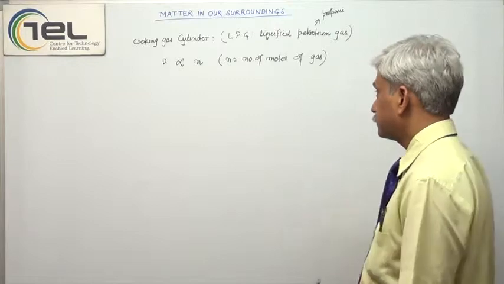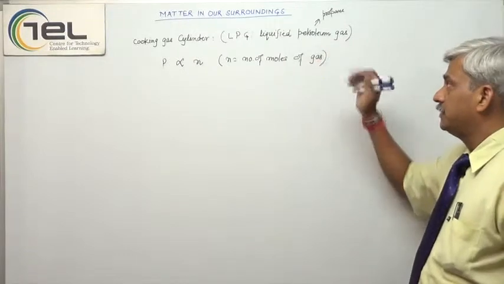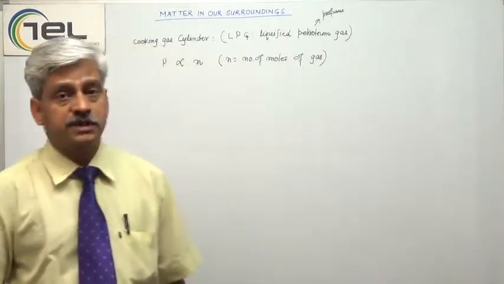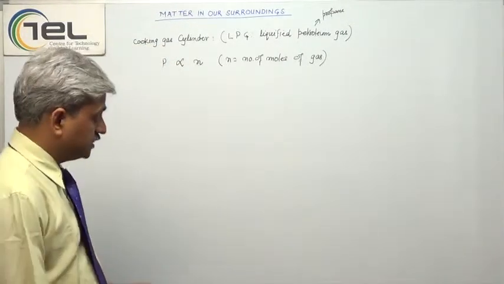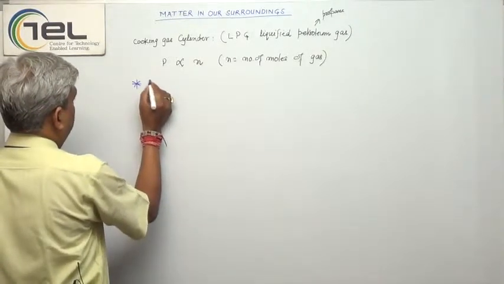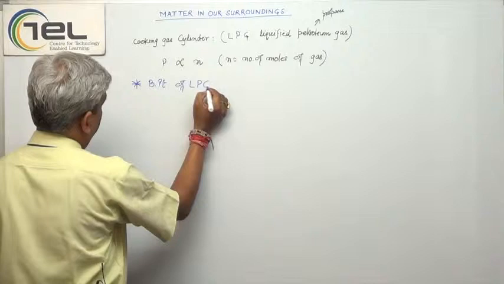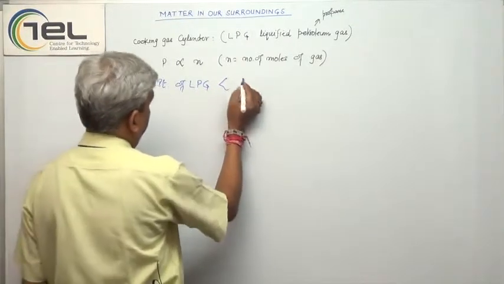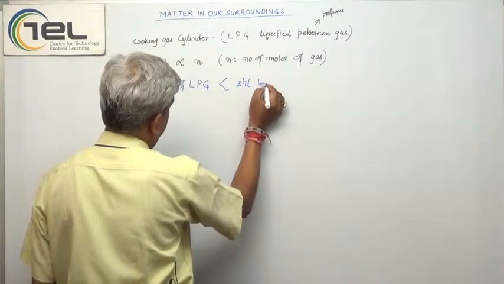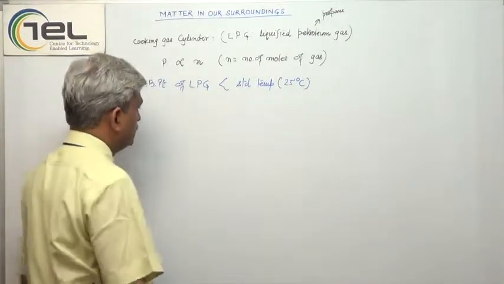So here you must understand one thing, that the boiling point of this LPG is lower than the room temperature conditions. What I said is that the boiling point of LPG is less than standard temperature, that is 25 degrees Celsius.